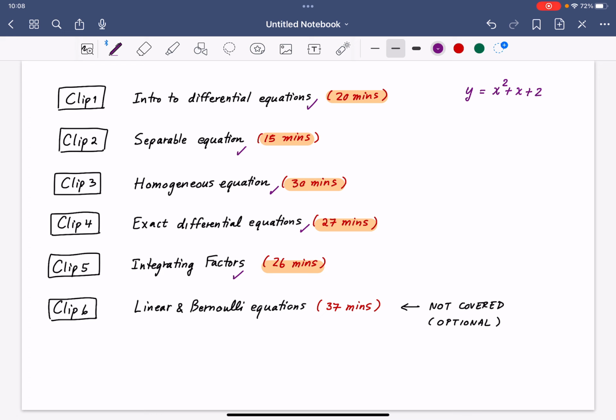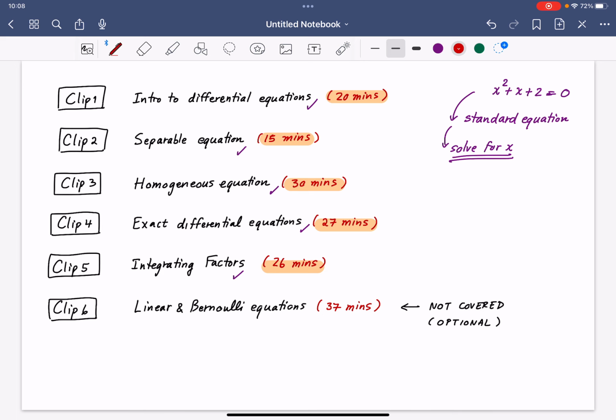This is just a standard equation, right? And then if you have x squared plus x plus 2 equals 0, this is a standard equation that you can solve for x. It's a quadratic equation, and then you can solve for x.